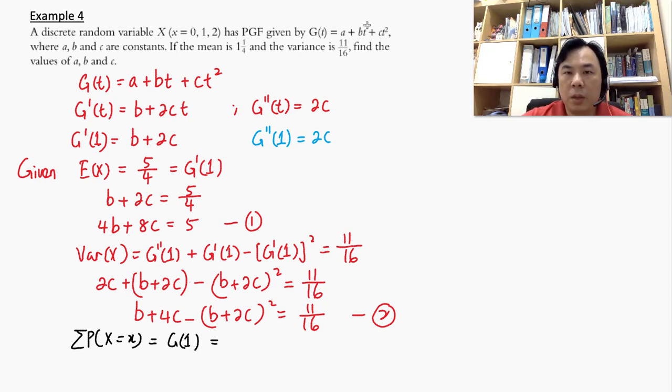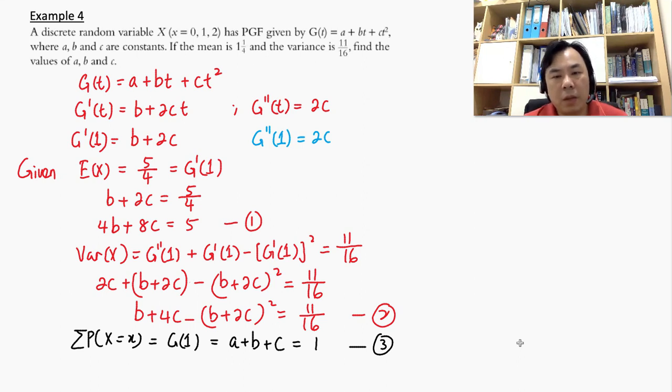Therefore, if I substitute 1 inside here, I will get A plus B plus C must be equal to 1. I hope that is clear at this point. Those are all the equations that I have obtained currently.